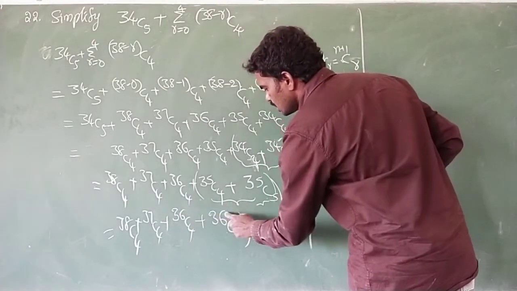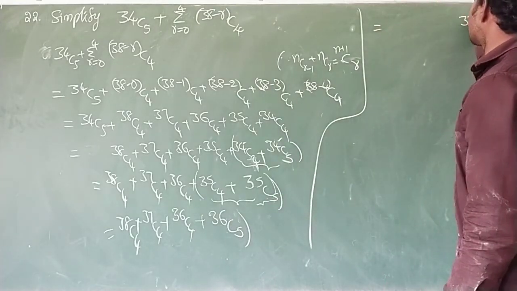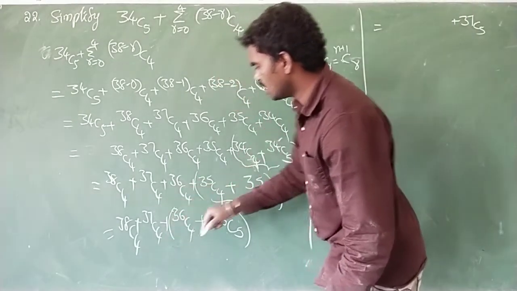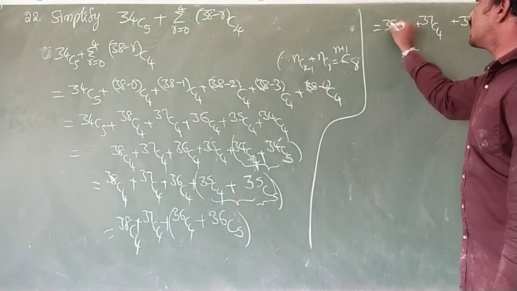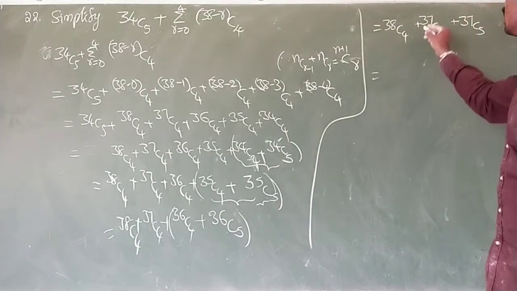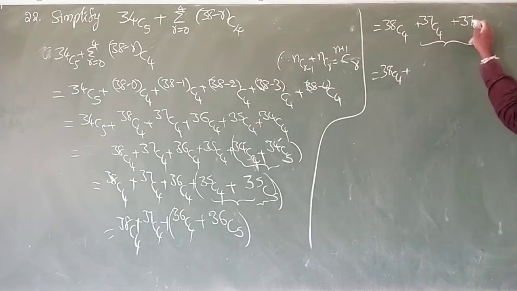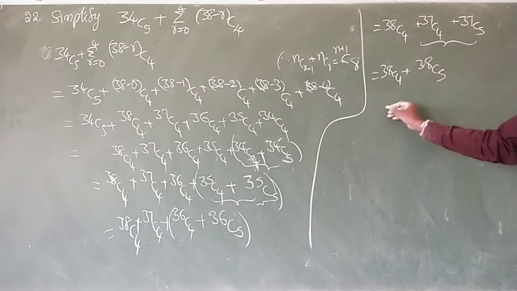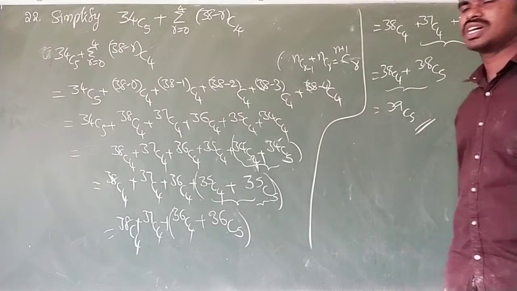From these two, nCr minus 1 with both 36, we write 36 plus 1, 37C5, and the remaining is 37C4 and 38C4. From these two, 37 plus 1, 38C5, and with 38C4 we get 39C5. This is the answer.